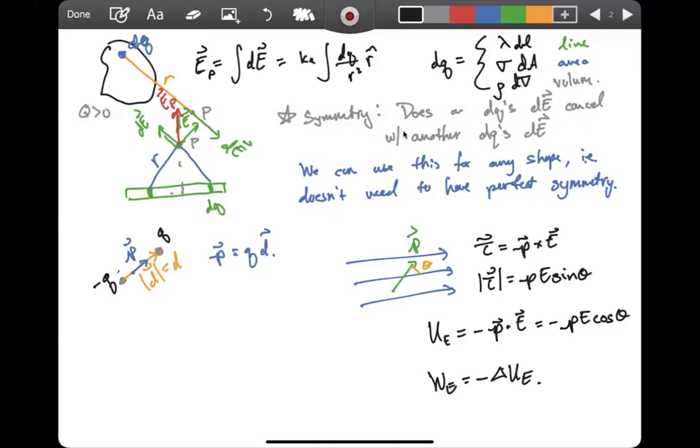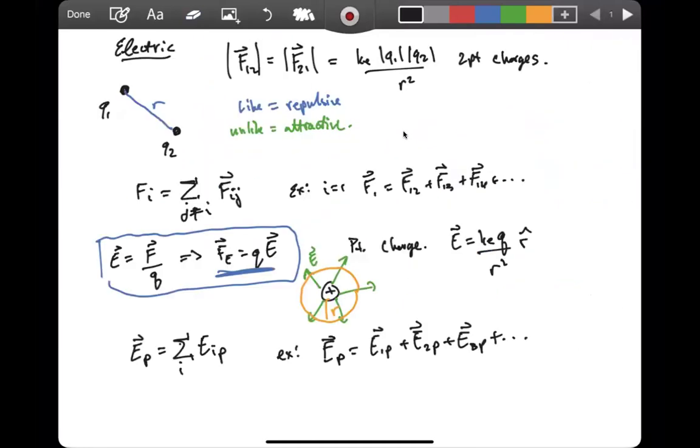Ultimately, we spent a whole bunch of time doing all this stuff. But ultimately, it's not too much stuff, right? So you got the forces between two charged particles, force superposition of many pairs of particles. And then you got your definition of the electric field, which also gives you the electric force in terms of the electric field. And then you have your point charge for the electric field.